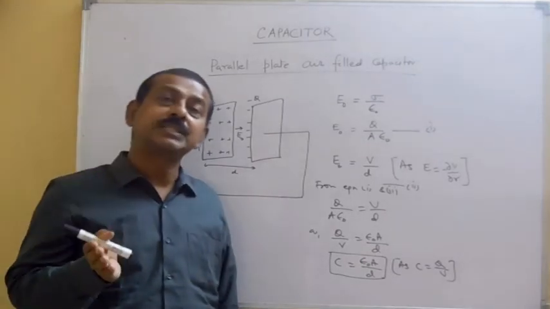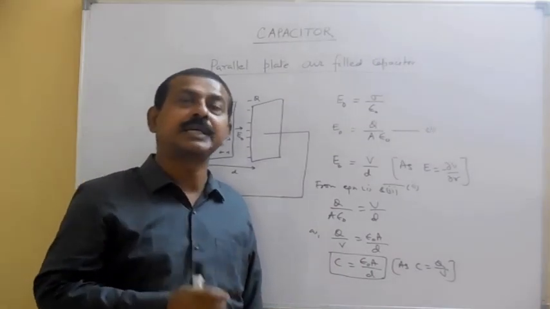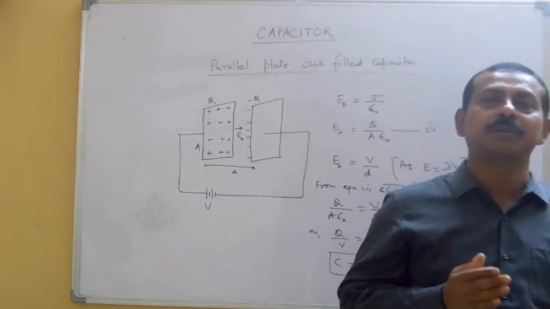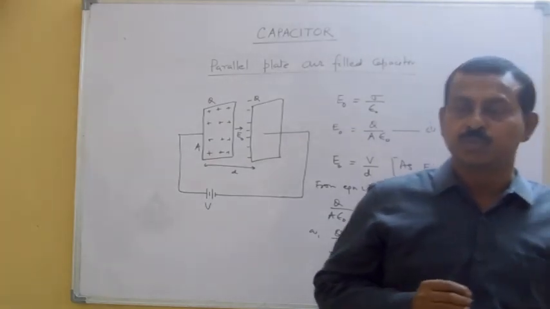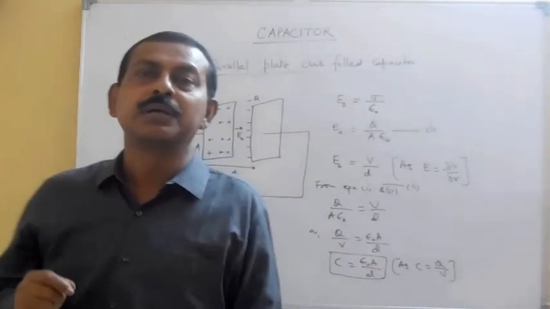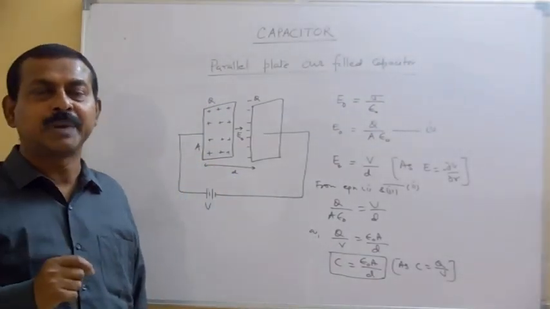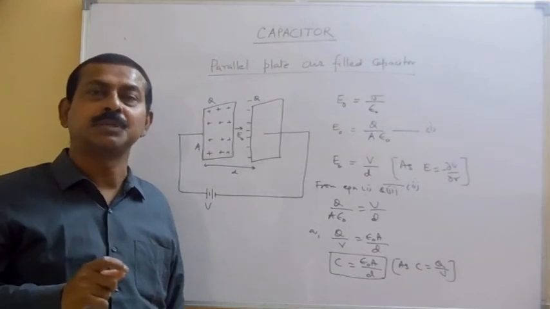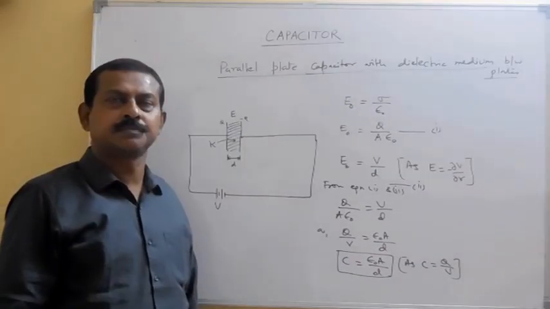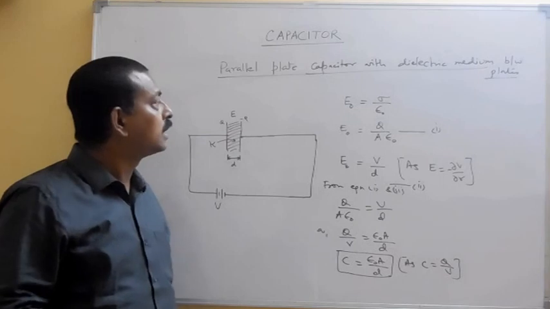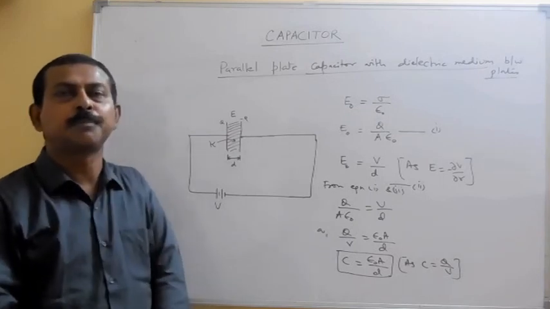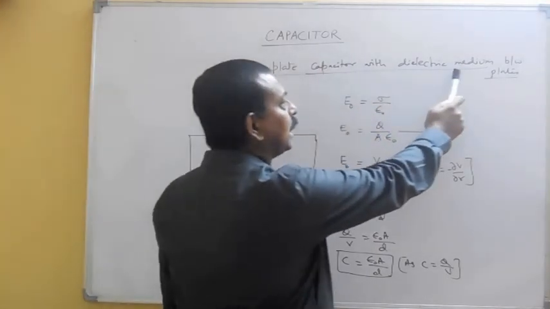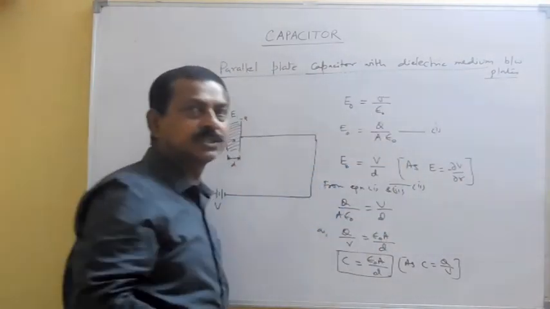Okay. Now let's take another case. Now we are taking that between the plates of the capacitor, some dielectric has been filled. Now we'll try to find the expression for capacitance of a parallel plate capacitor with dielectric medium between the plates.